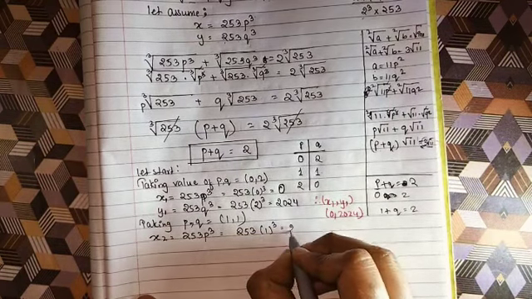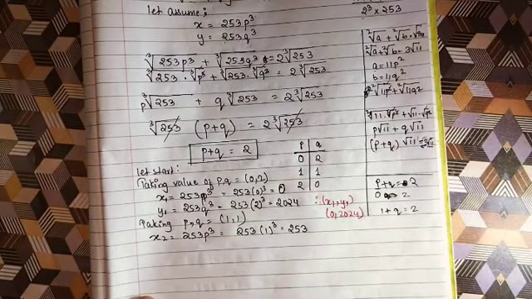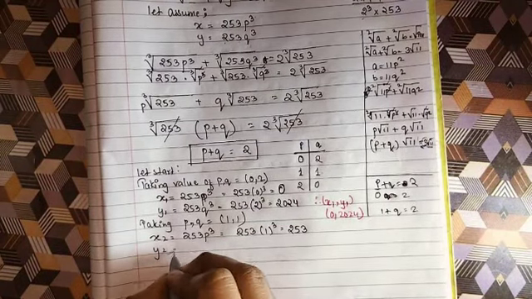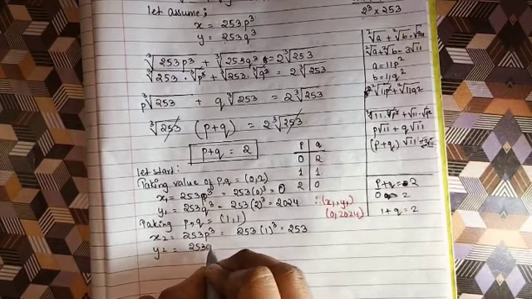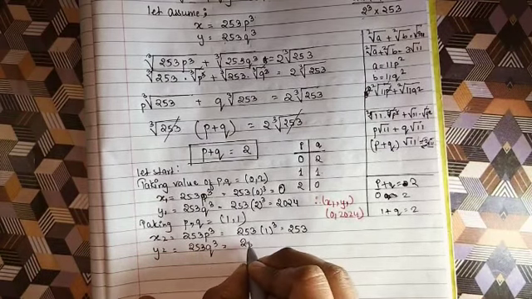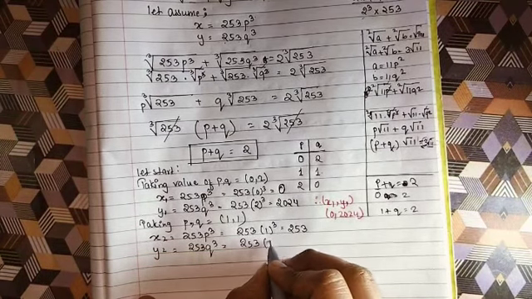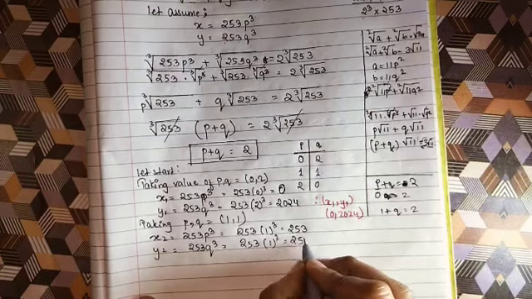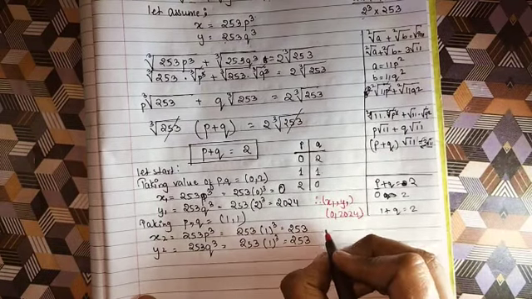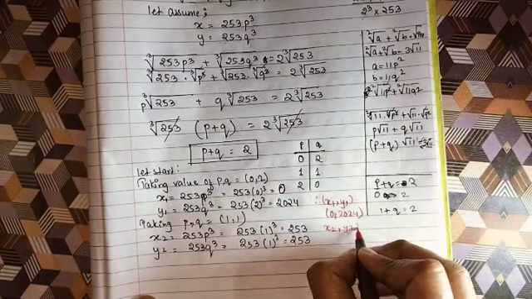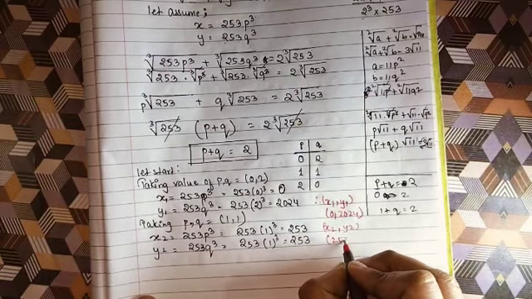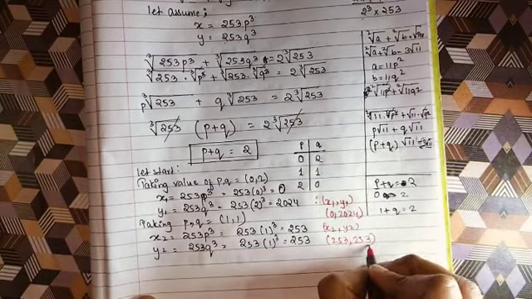So we will be left with 253. Again y2 is equal to 253 q cube, and this is also 1, so that will be equal to 253. So x2, y2 is equal to 253, 253.